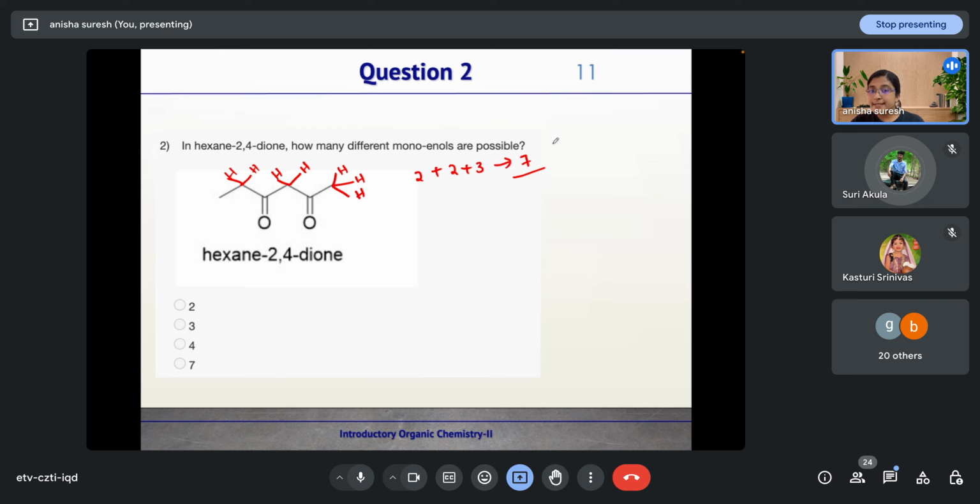So there are a total of 7 alpha hydrogens present. If we consider each hydrogen as different, 7 monoenols are possible after abstraction of the different hydrogens.